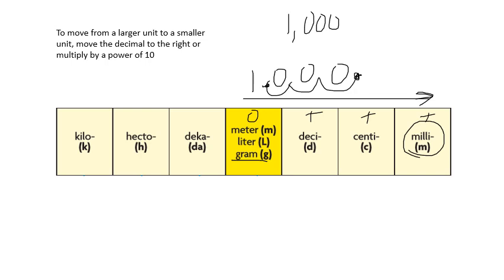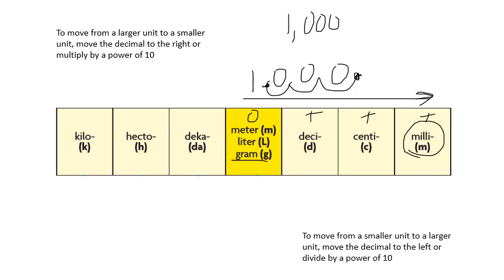Now on the other hand, the other rule is to move from a smaller unit to a larger unit, we're going to move the decimal to the left, or we're going to divide by a power of 10. So let's assume the same thing. I have a 1 here, and I'm going to put the decimal at the end. I'm going to assume the decimal is there. And what I'm going to do is obey the rule and move the decimal to the left.